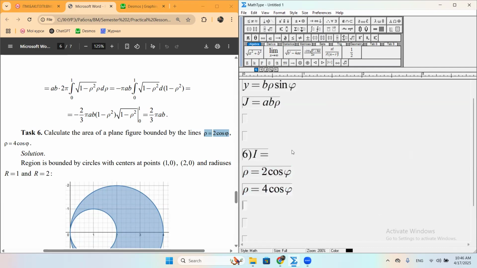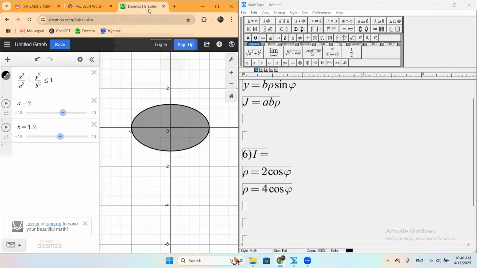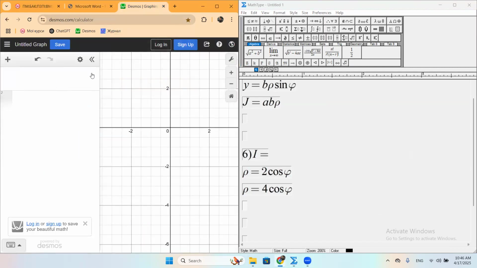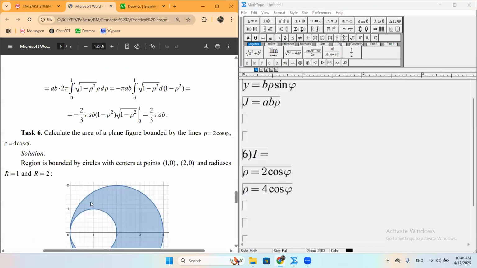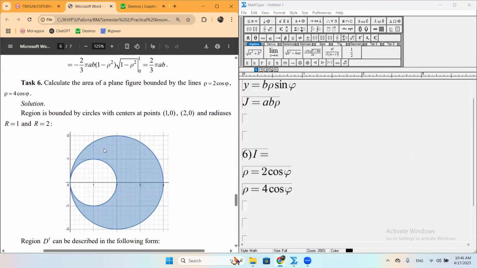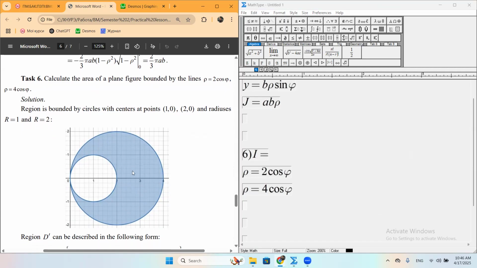So we have everything that we need. Also, it is a good idea to plot the region. As we can see, it is bounded by two circles in the following way.